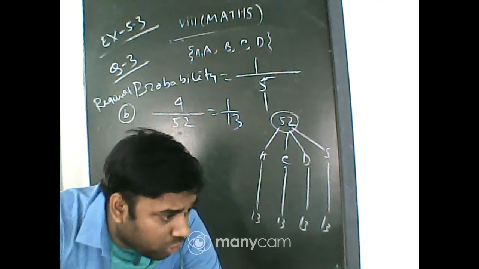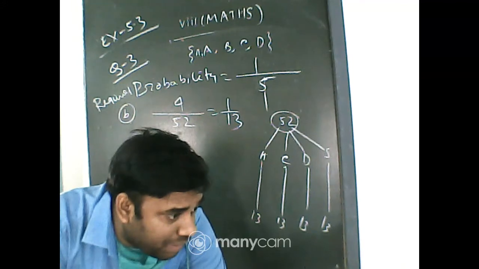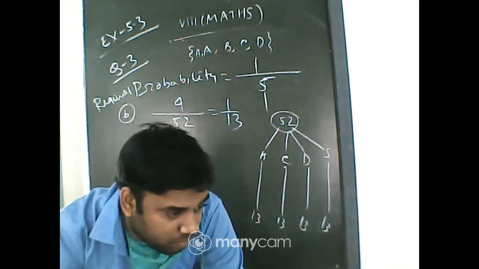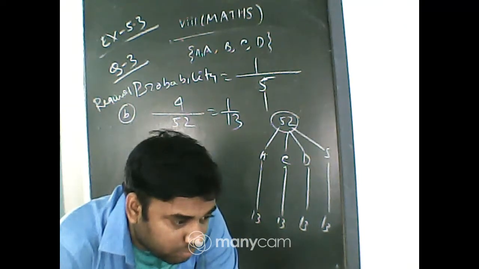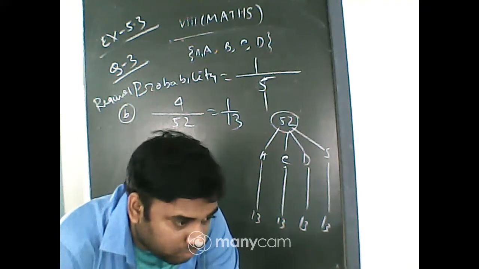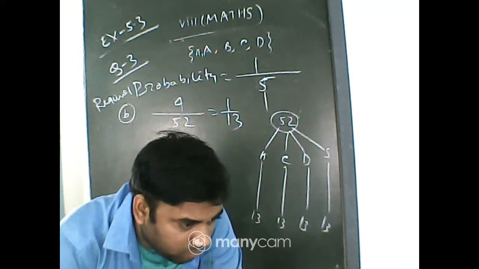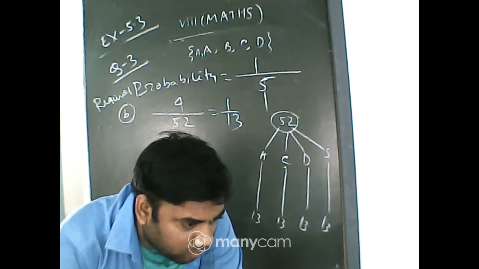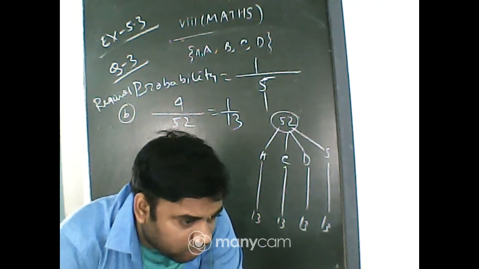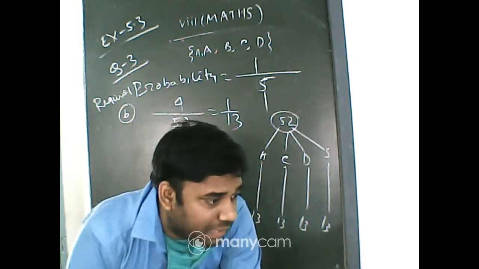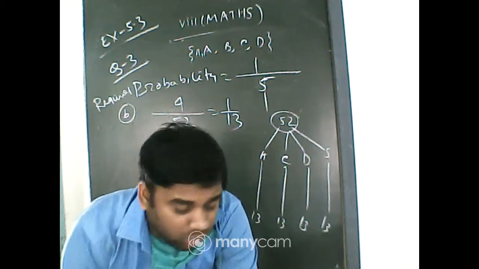Question number C. The total number of apples is 7, and the question is the probability of getting a red apple. So the number of apples present is 7, and for red apples, just look at the figure.